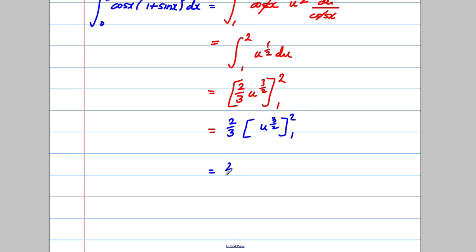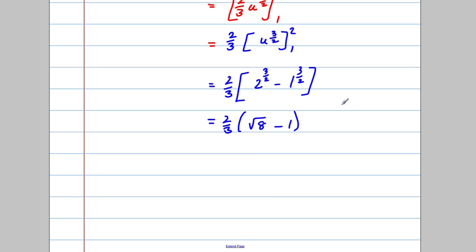What I'm going to do is keep the 2/3 there, put 2 in, so it would be equal to 2/3 times 2 to the power of 3 over 2, subtract 1 to the power of 3 over 2. Now that would be 2 cubed, which is 8, and then square rooted, so it's going to be the square root of 8, take away 1. Writing the square root of 8 in simplest form, it's the square root of 4 times root 2, which is 2 root 2.